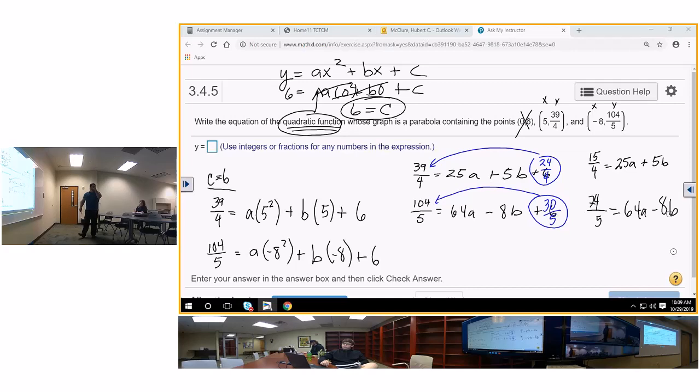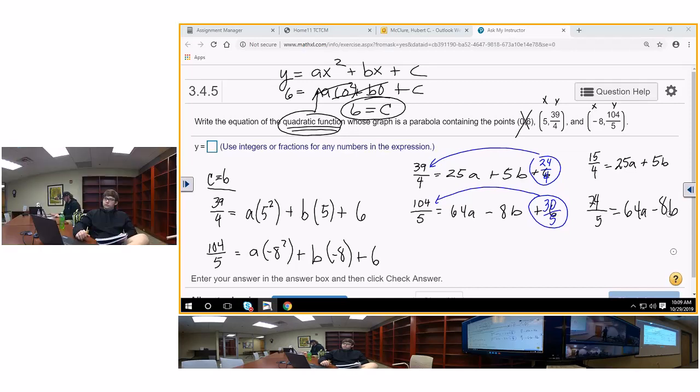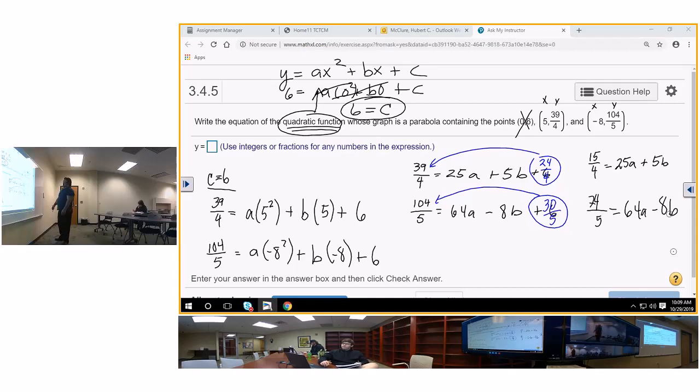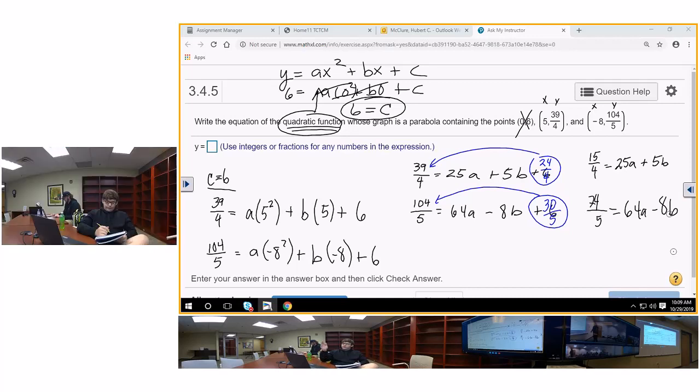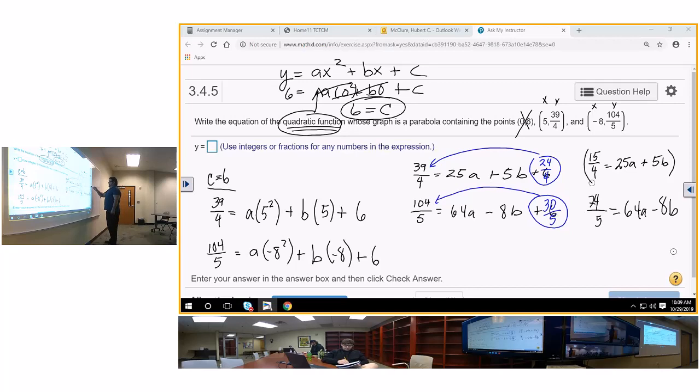Which ones am I going to focus on? A or B? B, because you have opposite what? Signs. Yeah. So I'm going to multiply the top by 8 and the bottom by 5. Y'all check me.